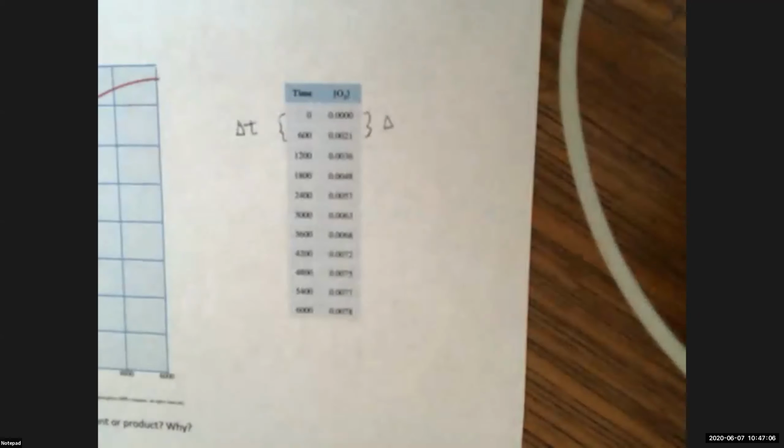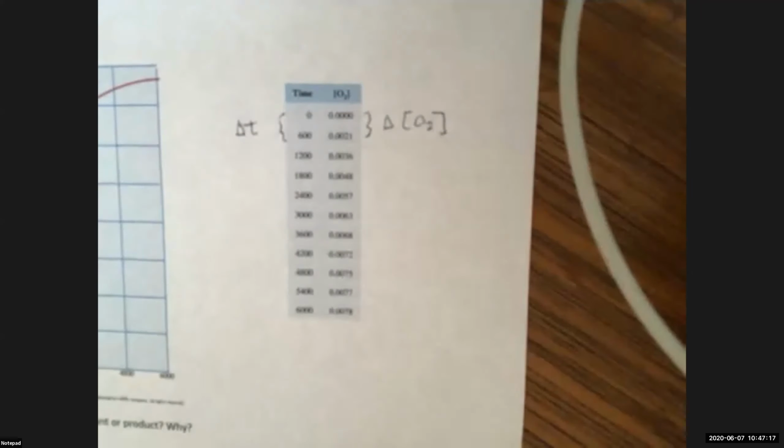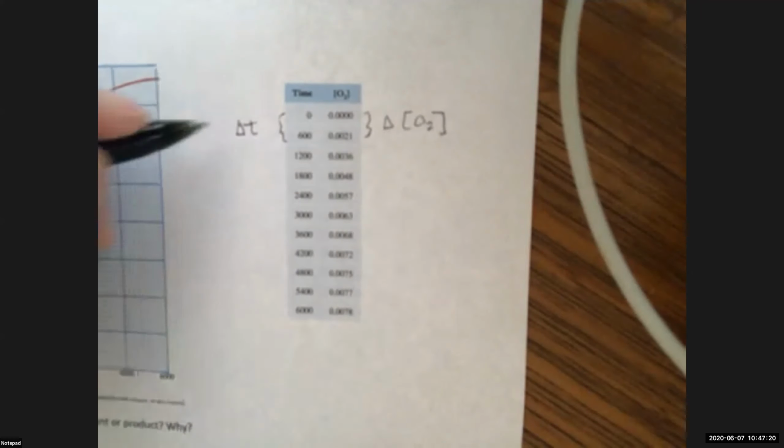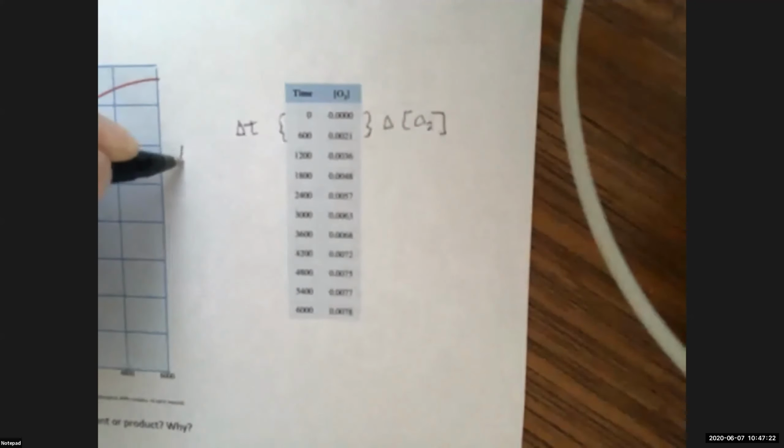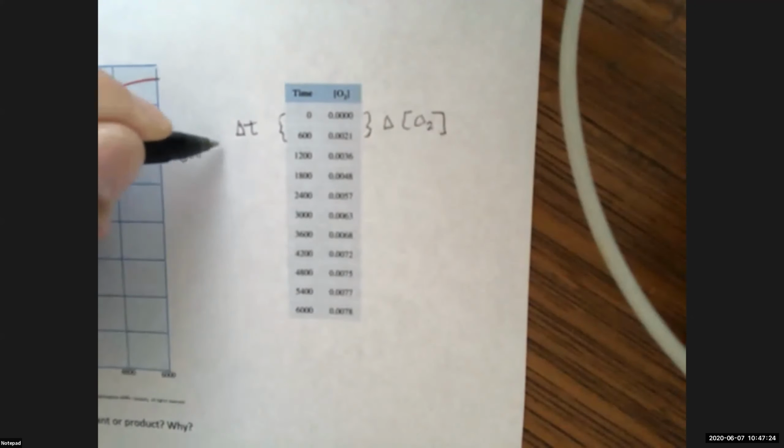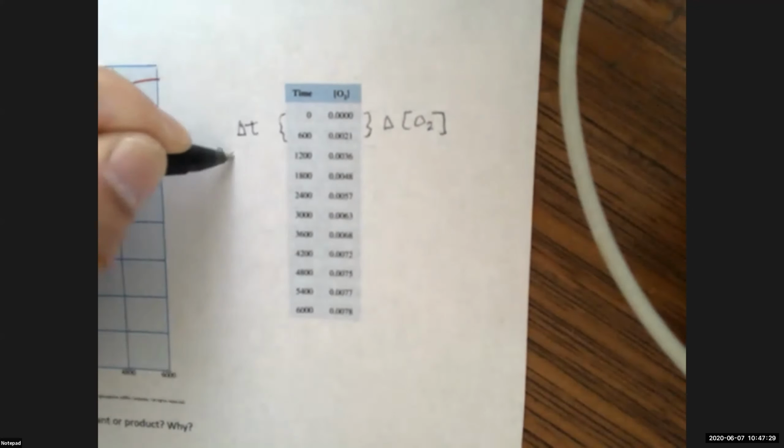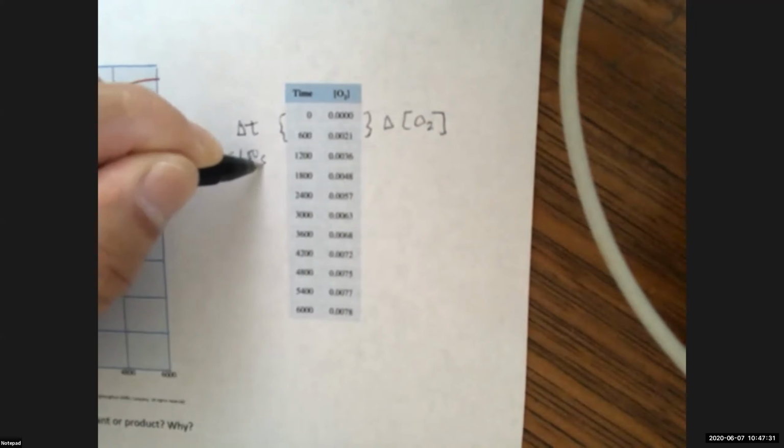And this is the delta, supposed to be a bracket, the change in the concentration of oxygen in moles per liter, the change in O2 over here. So the change in time is 600 seconds minus 0 seconds, which is equal to 600 seconds.